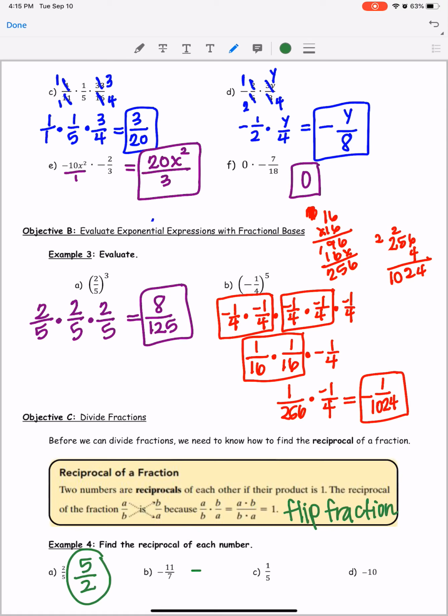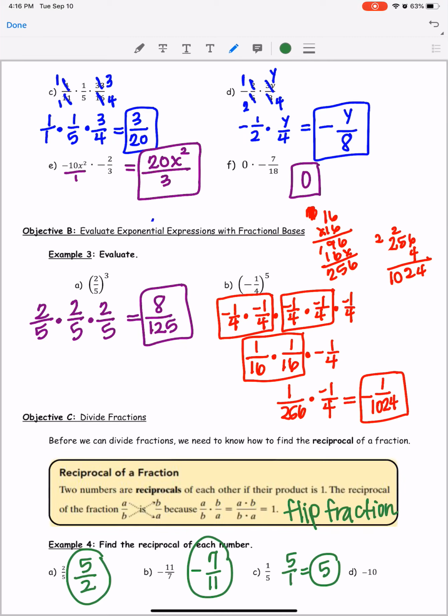So instead of it being 11 over 7, now it is 7 over 11. Okay, but notice negative and negative, keep the sign. C, flip your fraction. So instead of it being 1 over 5, now it is 5 over 1, which 5 over 1 is the same as just 5, right?